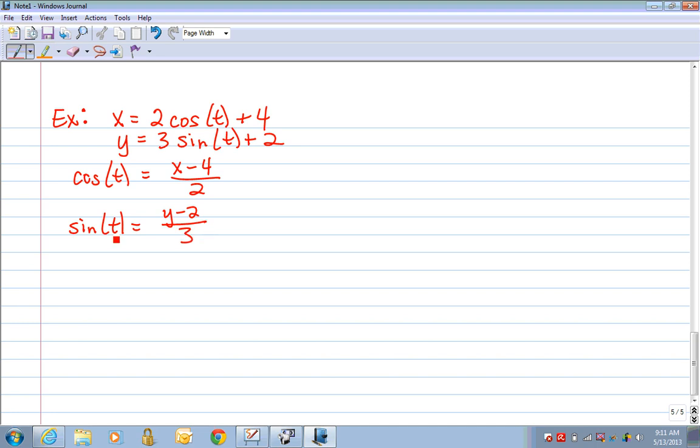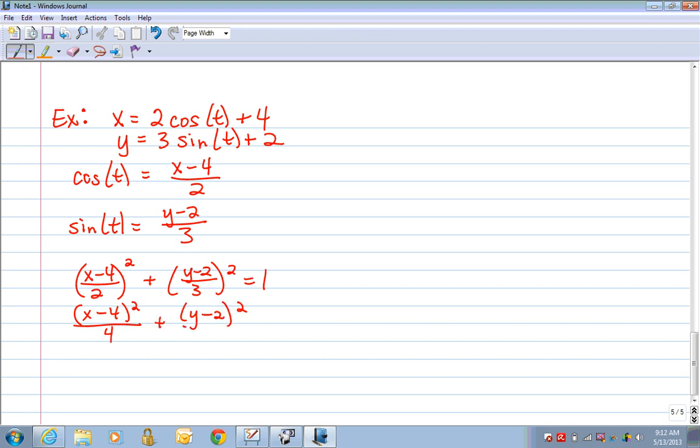So my equation for the ellipse was cosine squared t plus sine squared t equals 1. So if I substitute these values in, I get x minus 4 over 2 quantity all squared plus y minus 2 over 3 quantity squared equals 1. If I now put it into the form where I'm squaring the numerator and squaring the denominator, you'll notice it comes together very nicely to represent our ellipse equation.